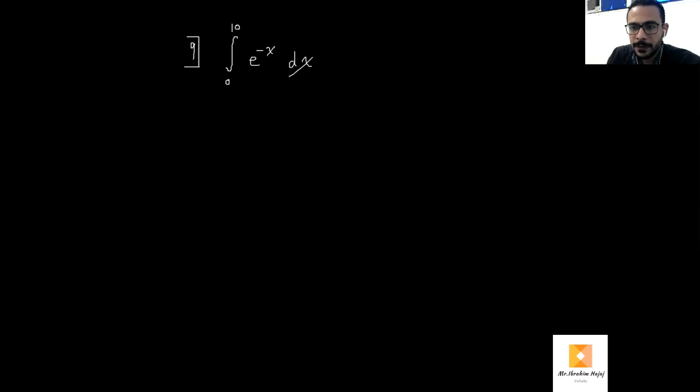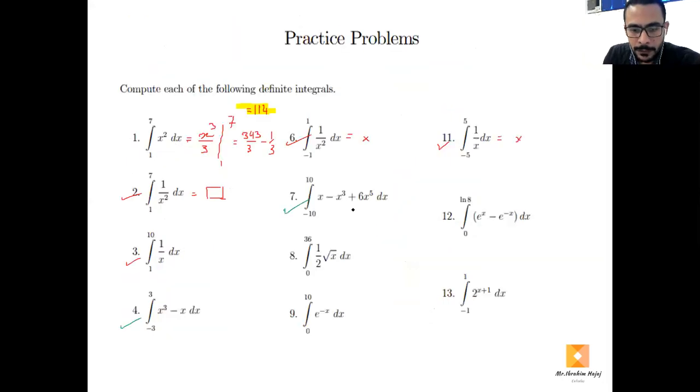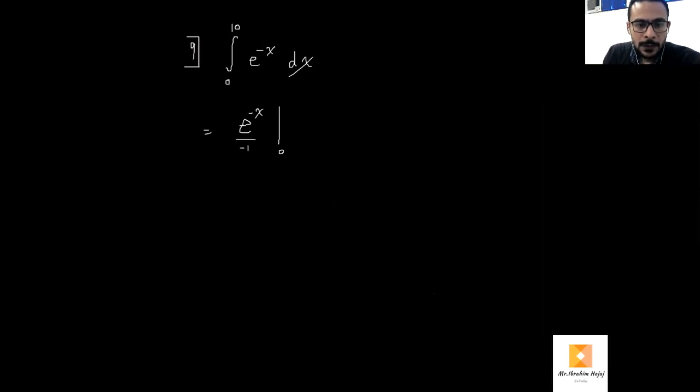The derivative and the integral of e to the power of x are the same. But here we have negative x, so we have to divide by negative 1, the inverse of the chain rule. It's e to the power of negative x, the same, but divided by -1. From 0 to 10, right? Yes, from 0 to 10.